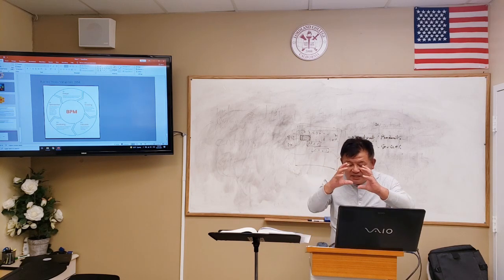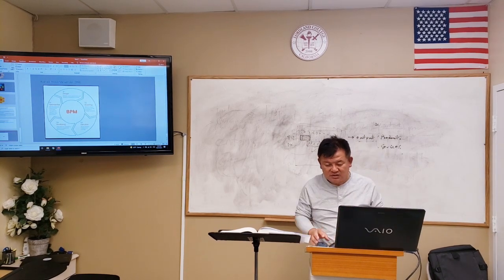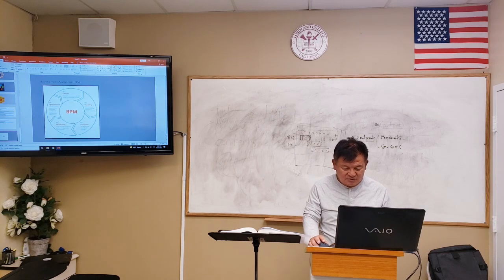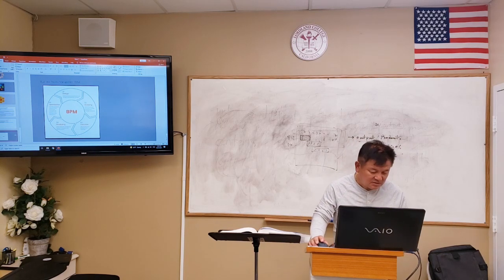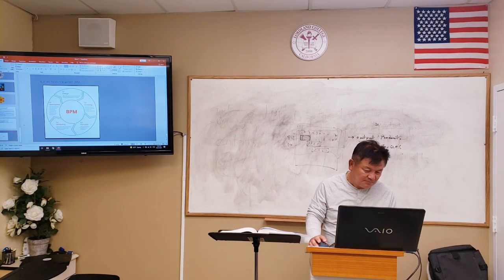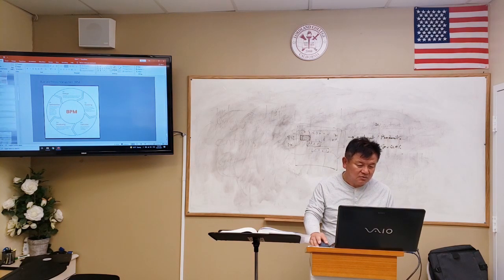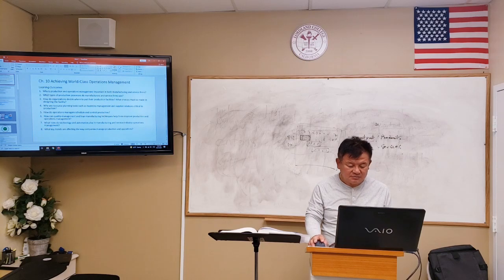There are many new computerized tools and techniques. Nowadays, as you know, there are big data, AI, and many kinds of technology. So maybe we will study the new technology in the next chapter. Anyway, those are the new trends for operations management.